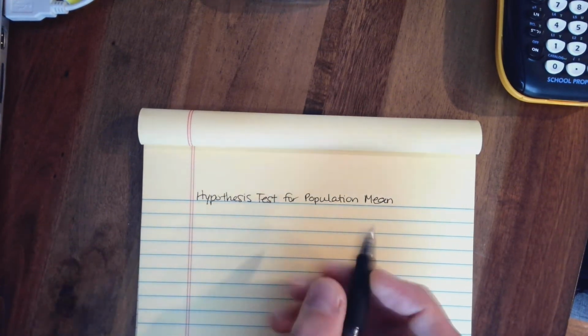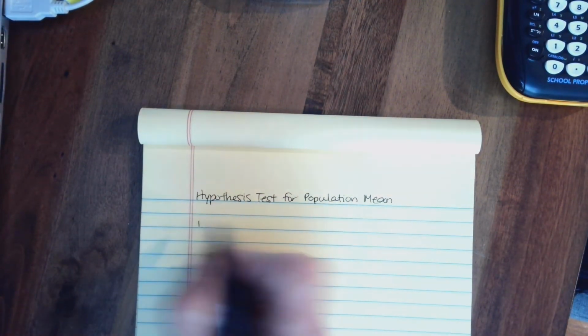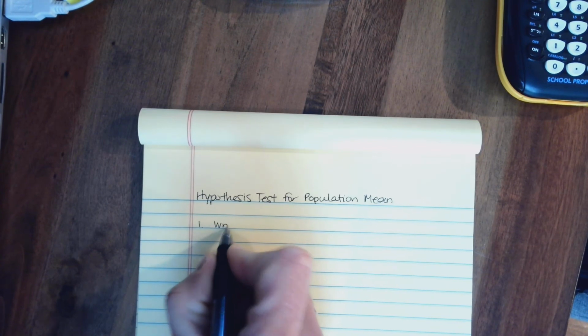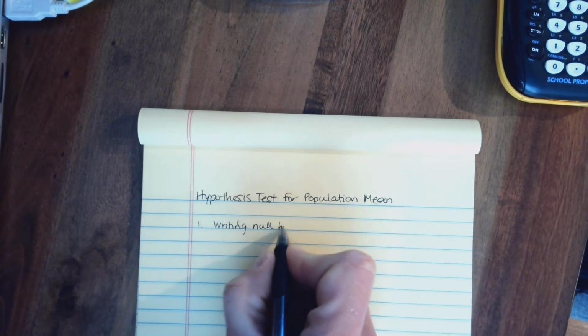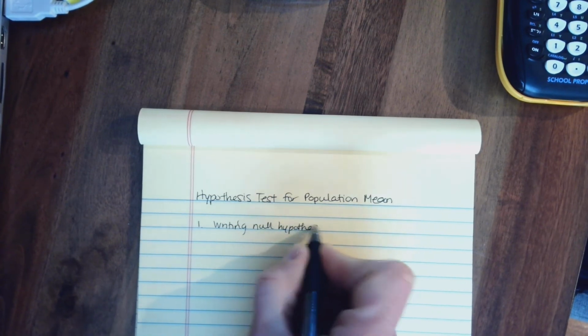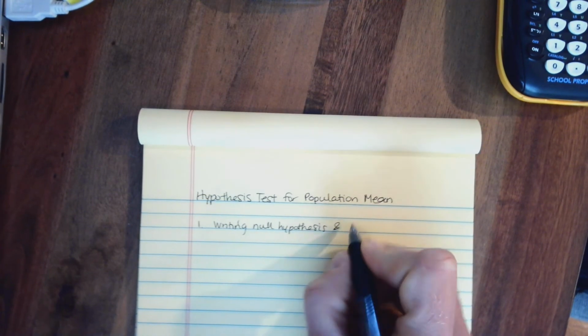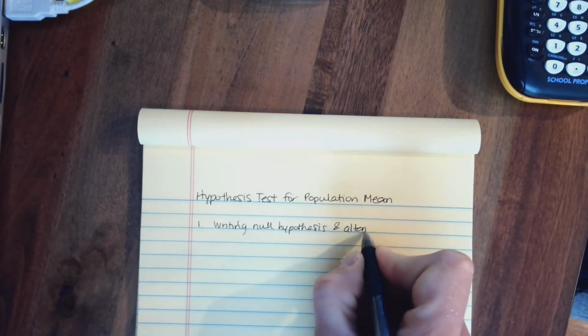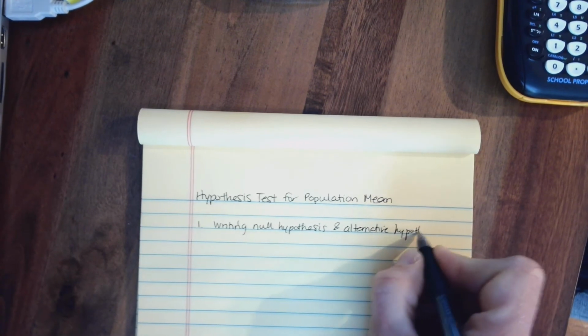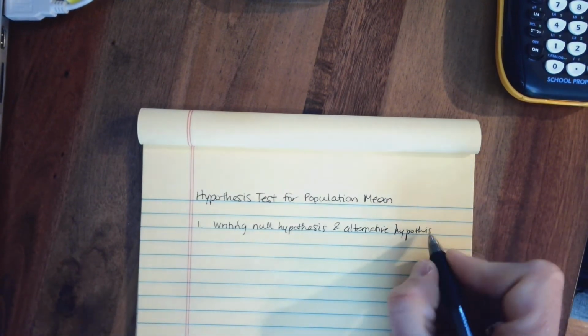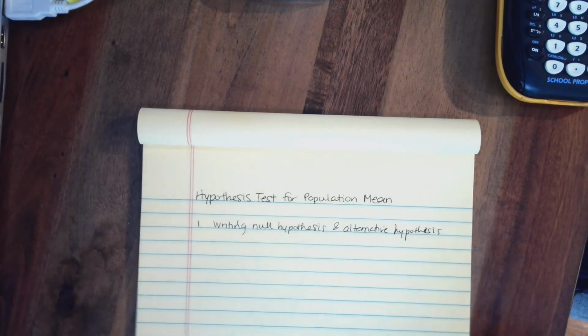So the way that any hypothesis test works is that we start out by writing a pair of hypotheses, a null hypothesis and an alternative hypothesis.